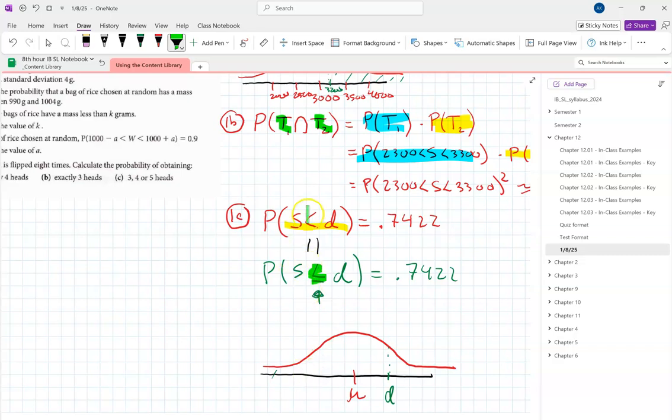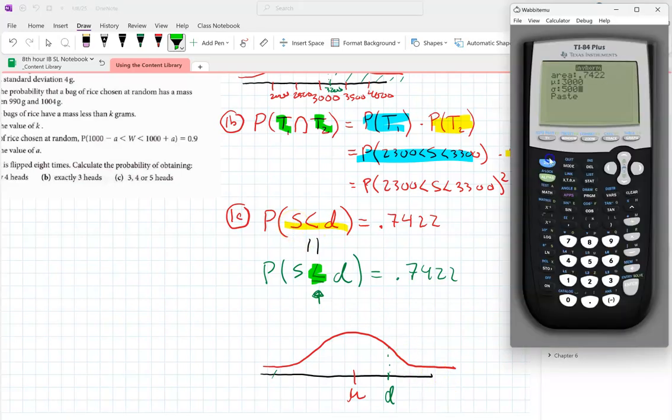Which tail is for less than? Left or right? Left is correct. Which tail is for greater? Right. That is correct. Does everybody feel okay on how to use the inverse normal here? So I go ahead and I type in the area, the mean, and the standard deviation because I'm solving a less than. And I type it in, I get $3,325.